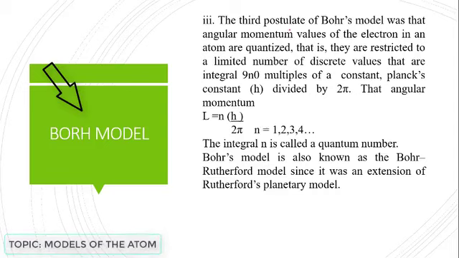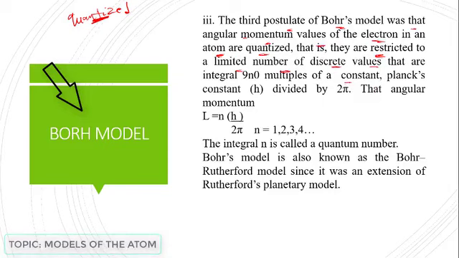The third postulate of Bohr's model was that angular momentum values of the electron in an atom are quantized. In other words, they are restricted to a limited number of discrete values. Remember once again that when we say something is quantized, it means it is limited to a discrete number of values. Now, these values are called integrals.